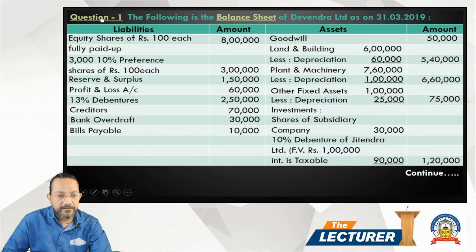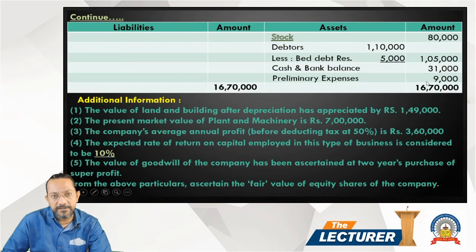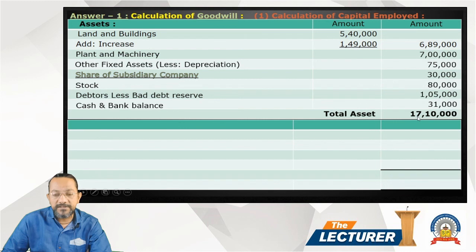And last is preliminary expenses. This is a fictitious asset, so it is not considered. So total assets 17,10,000 less liabilities.